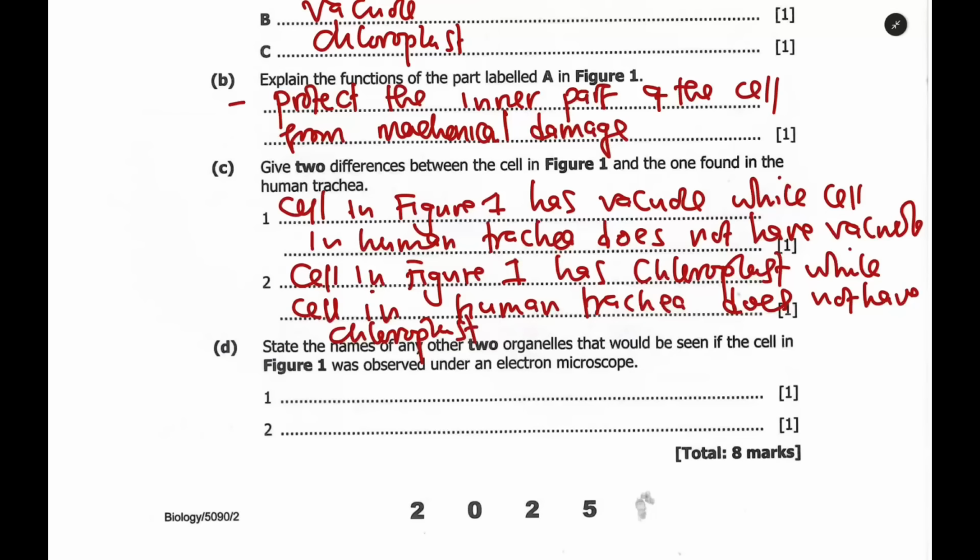Let us look at question D. State the names of any other 2 organelles that would be seen if the cell in Figure 1 was observed under an electron microscope. So in other words, here we are looking at the parts that you see in a cell if you observe it under electron microscope, that is a detailed part of it.